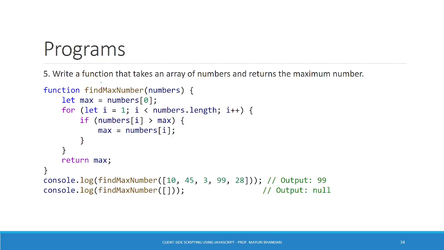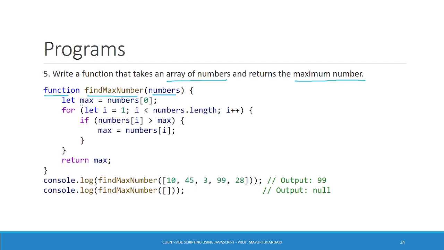220. In this program, we have passed an array of numbers as a parameter and we want the function to return the maximum number from the array. So let us define a function. Name of function is findMaxNumber. We are passing one parameter here.